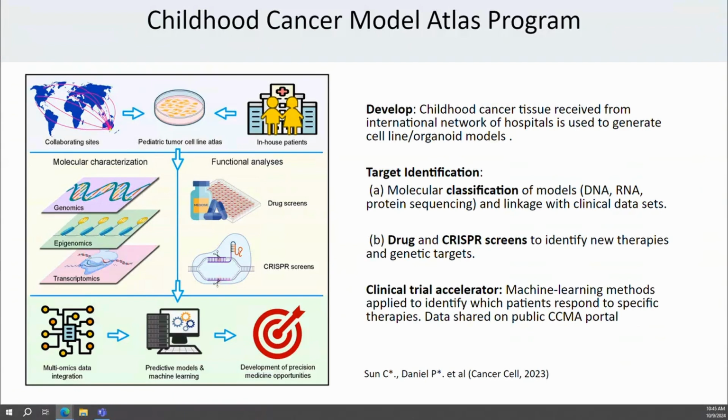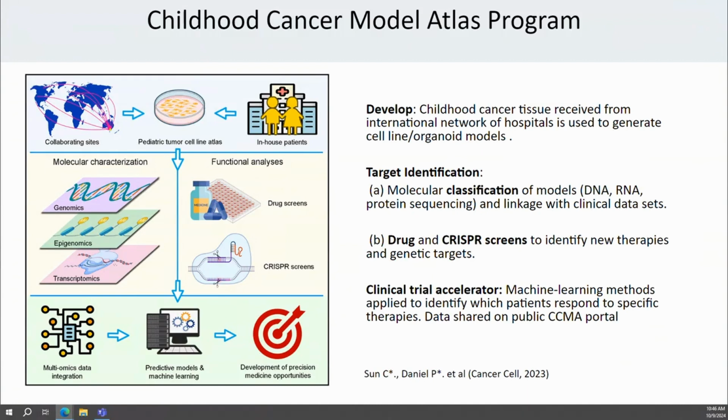So our program called the Childhood Cancer Model Atlas really has three main aims. The first is to develop childhood cancer cell line models, and that includes both in-house development. Our program's based in Melbourne, Australia, and we also develop models from our hospitals, but also from sites around the world, and we have 40 or 50 different partner sites that send us either existing models or samples from which we do that.